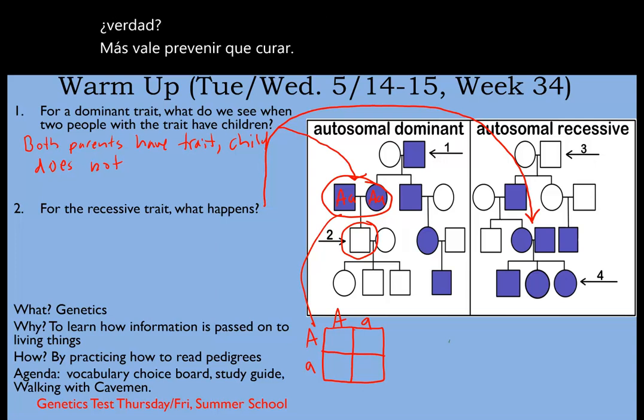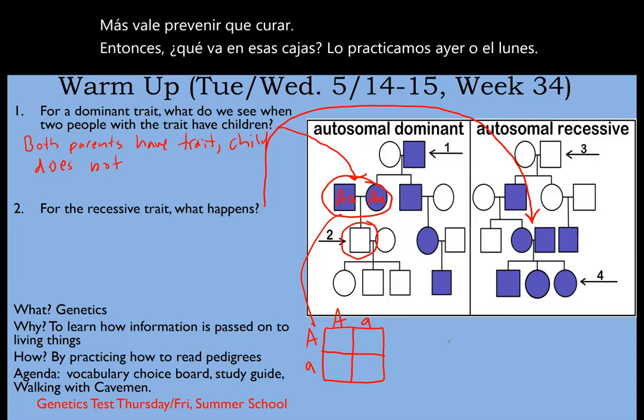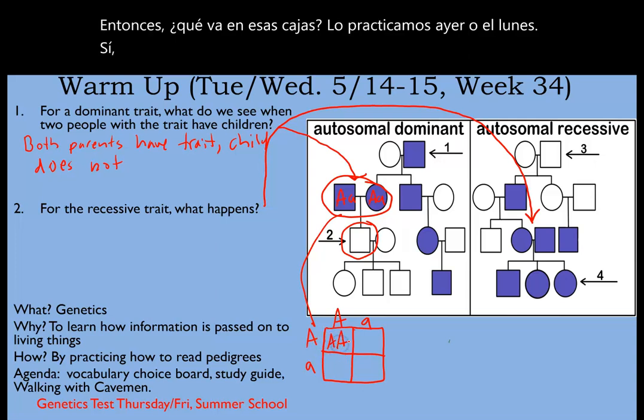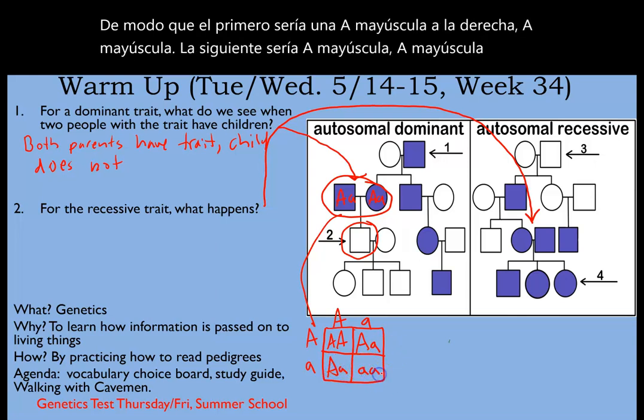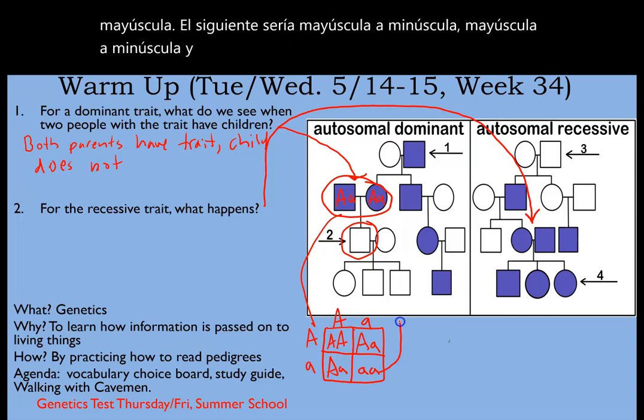So what goes in those boxes? We practiced this yesterday or Monday. Yeah, so that first one would be AA, right? Capital A, capital A. This next one would be capital A, lowercase a. And see that lowercase a?